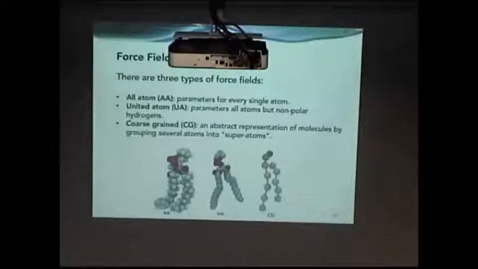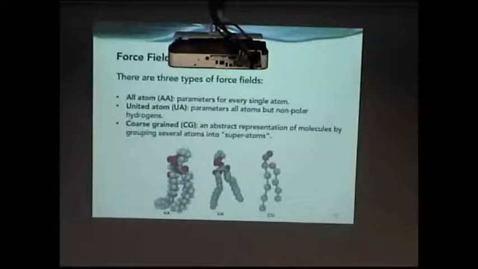And you have coarse-grained. This approach is an abstract representation. You can put together a bunch of atoms, and they represent a single site in your simulation. In this case, you can speed up your simulations by two or three orders of magnitude in efficiency.